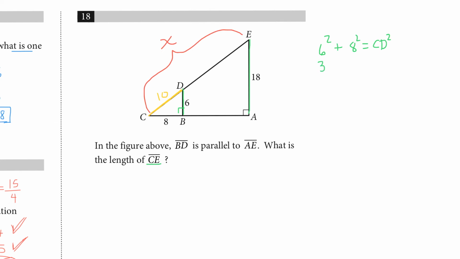And this would be 36 plus 64, and that's equal to 100. So CD squared is 100. So that means that CD is 10.